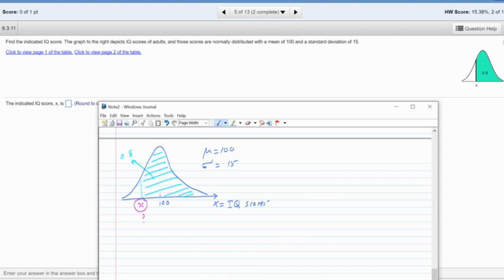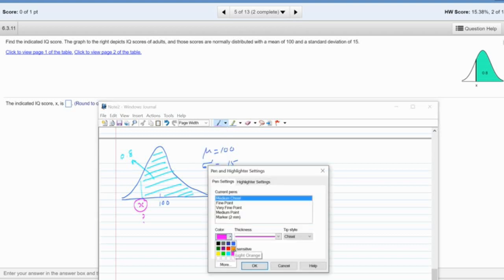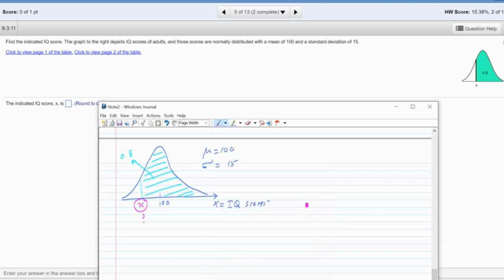Like before, we go through the standard normal distribution. Here's the trick: we're going to draw the standard normal distribution, Z, with 0 here. Remember, the area of a standard normal distribution is equal to the area of the normal distribution.